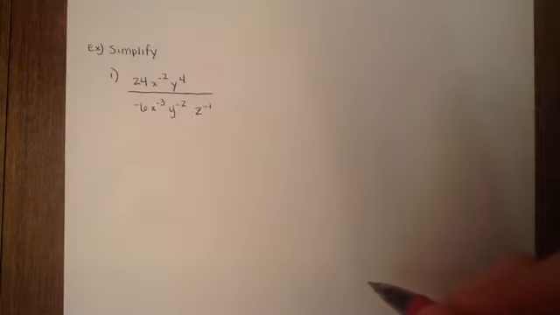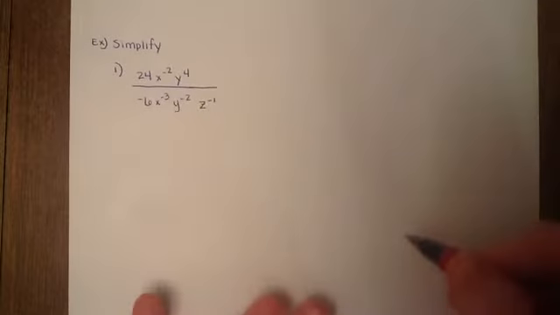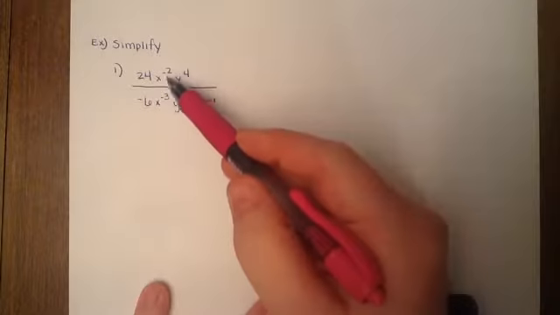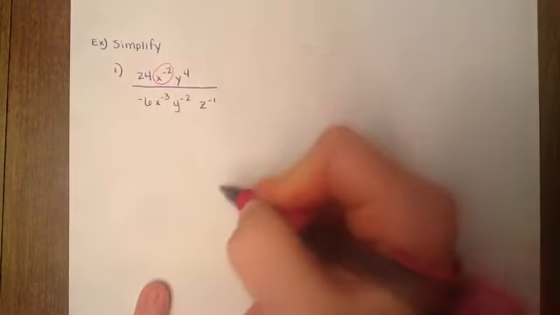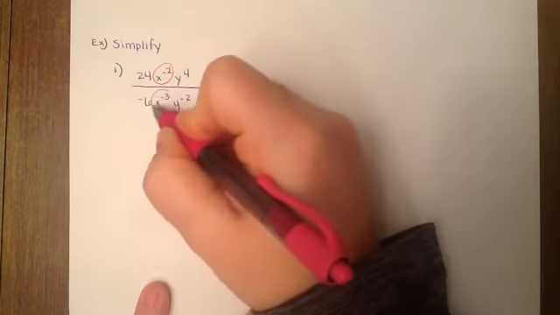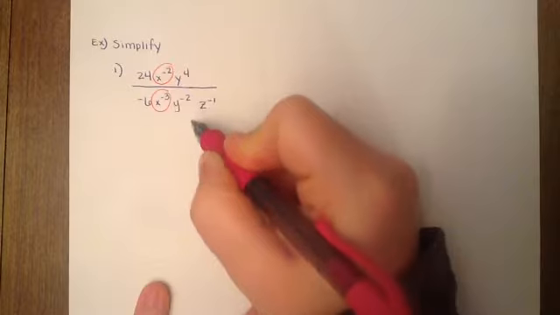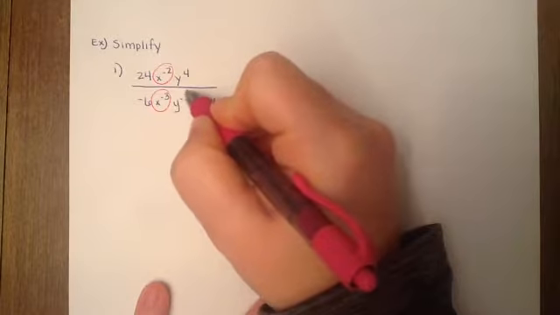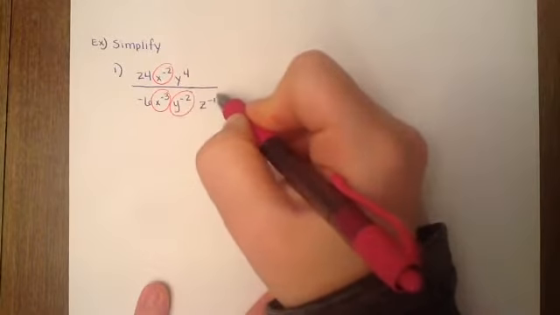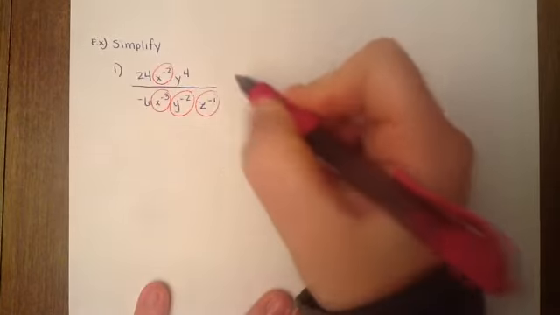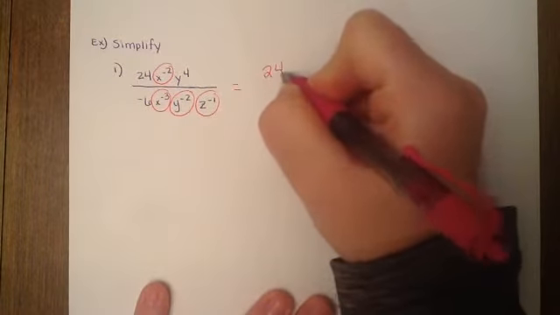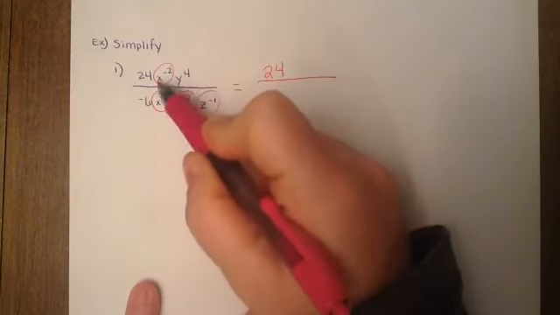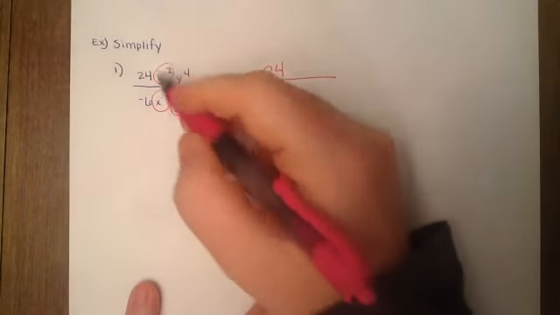We're going to put all of that information together in this last example. First thing I want you to do is move any exponents that are negative. So that one must move. X to the negative 3rd must move. Y to the negative 2 and z to the negative 1 must move spots. So 24 will stay. X squared is now gone, but what comes up top?